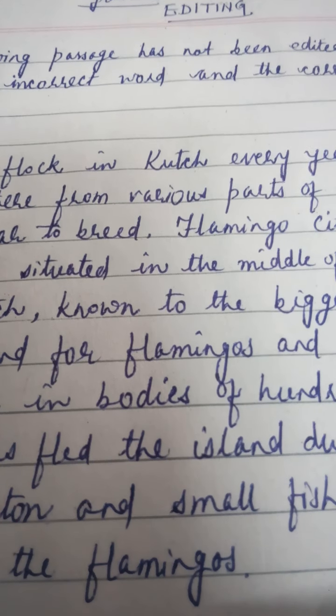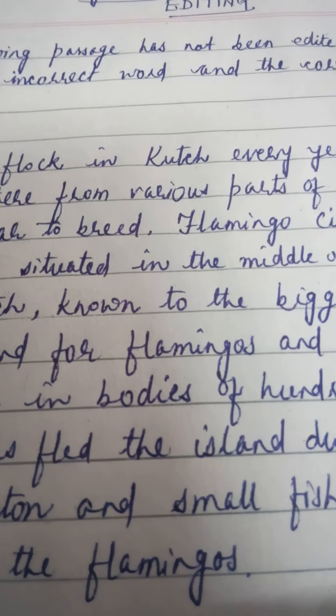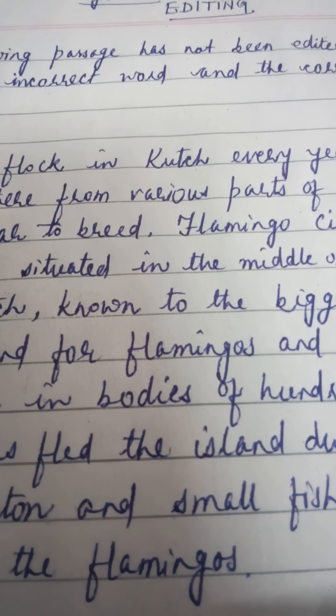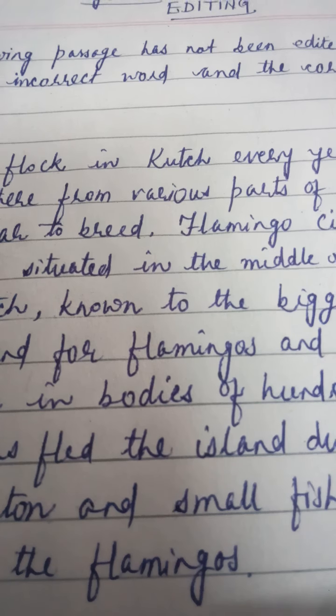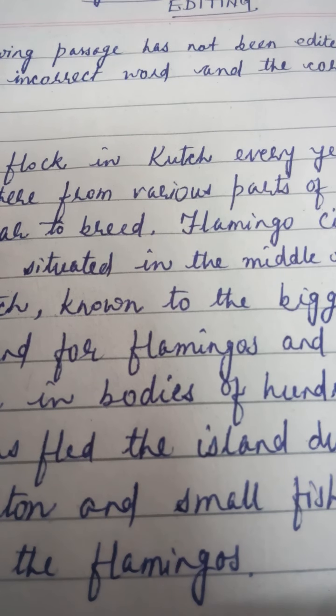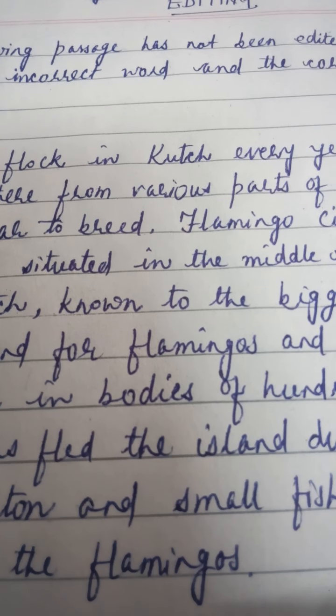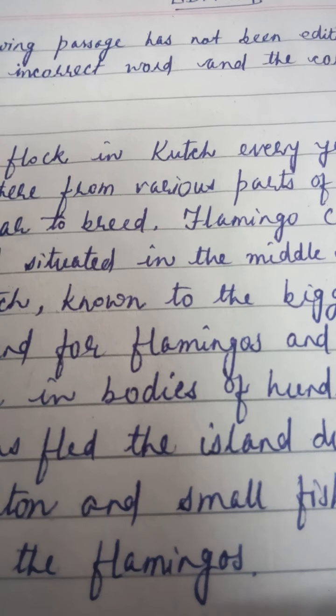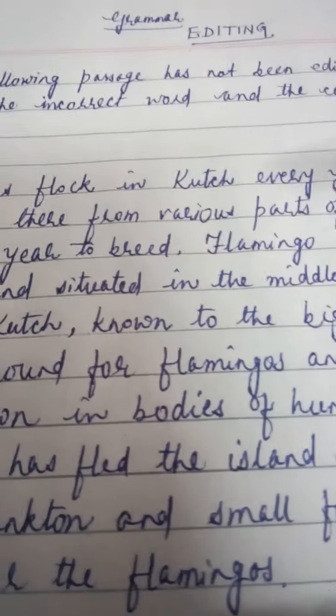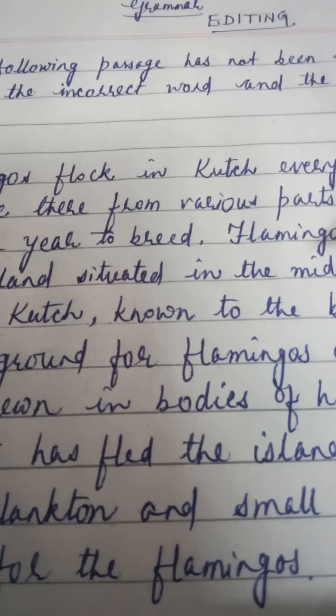So it's not easy to identify the error if the sense is incomplete, because a sentence is a group of words that makes complete sense. It might be possible that a sentence is not completed in a line, and then it will not be easy for anyone to identify the error. So what to do in this case? How to find out the errors?